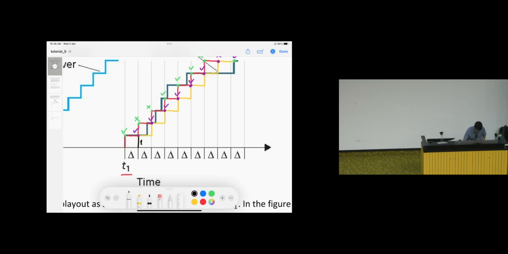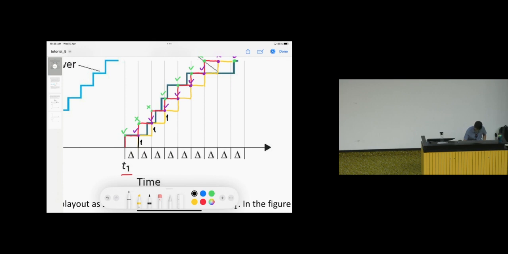If you look at T1 plus 2 delta, I have received 2 frames so far, and I played 1. So I also have 1 block in the buffer here. Let's look at the next one, T1 plus 3 delta. I played 2 frames, but I received 3 frames, so I also have 1 frame in the buffer here.